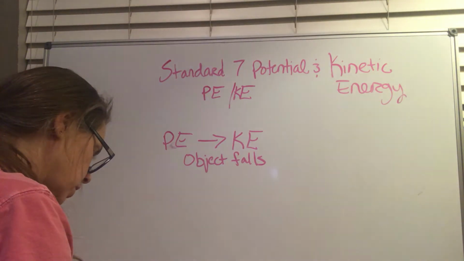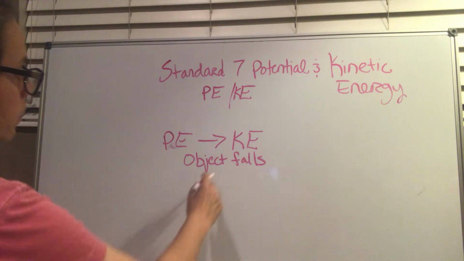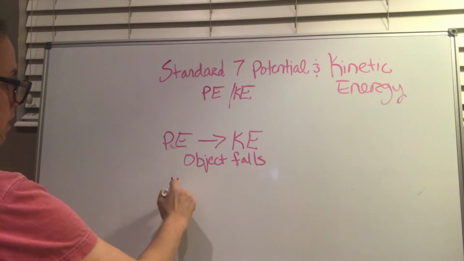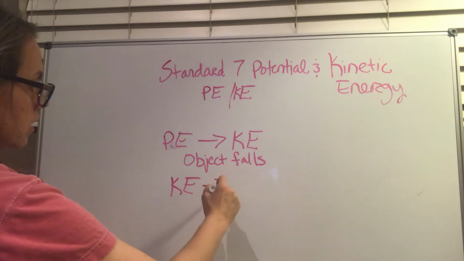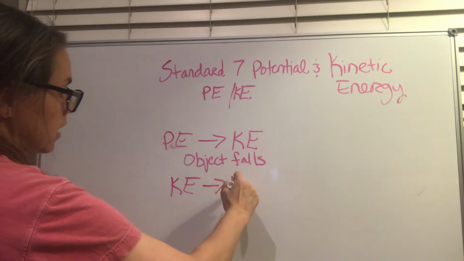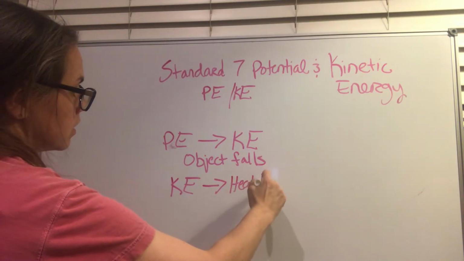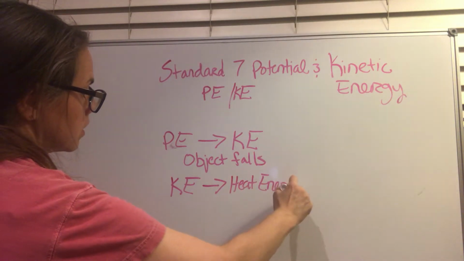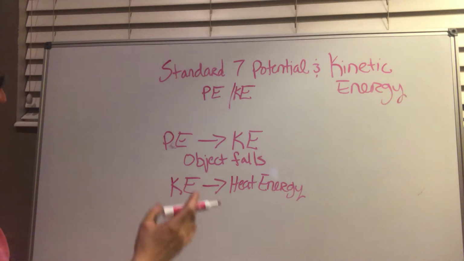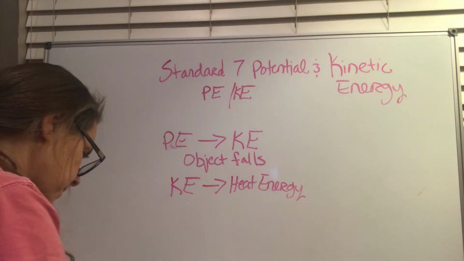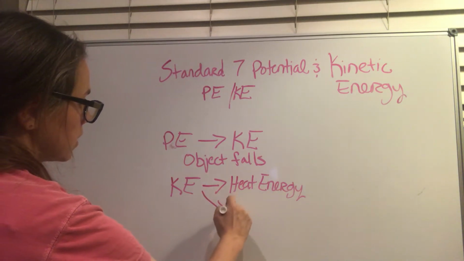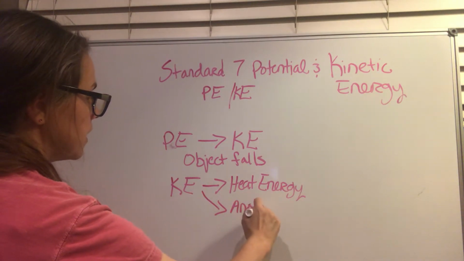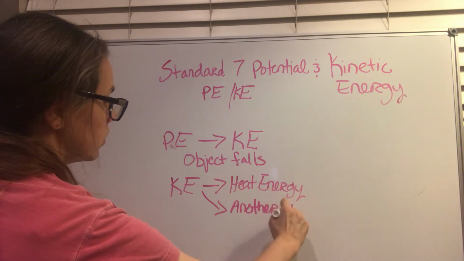So kinetic energy in the object, when it falls down to the earth, is converted into like heat energy through friction when it hits the ground, or it is converted to another object and makes that other object move.